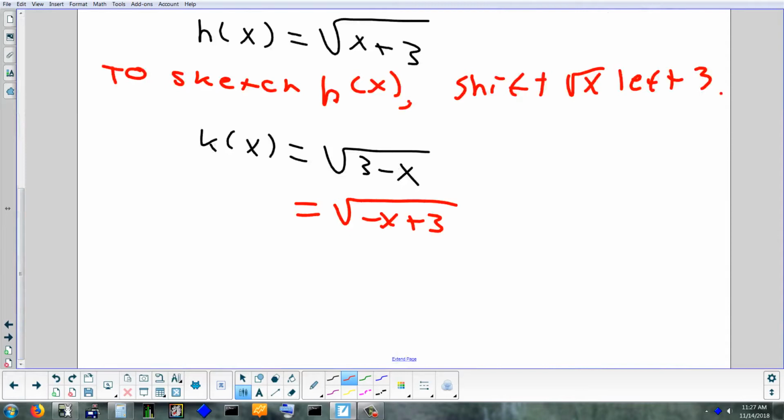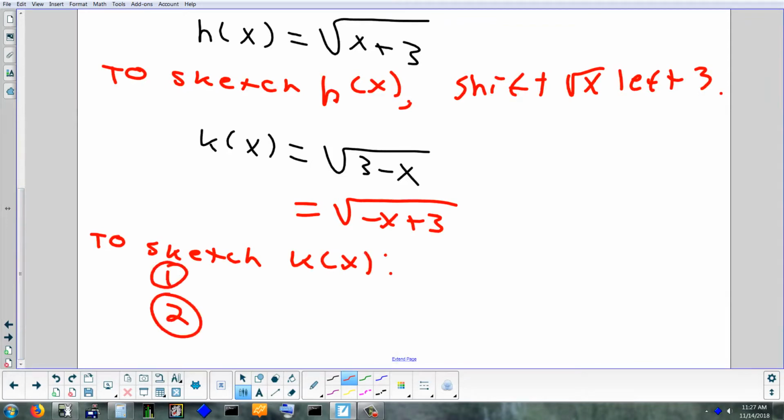Now we've got 2 things going on. It's very similar to the last problem, but this negative is going to cause one extra thing to happen that we just talked about. Okay, so to sketch k of x, I'm going to do it this way. First thing is you still have to do the shift. Okay, how do you know the order to do things in?